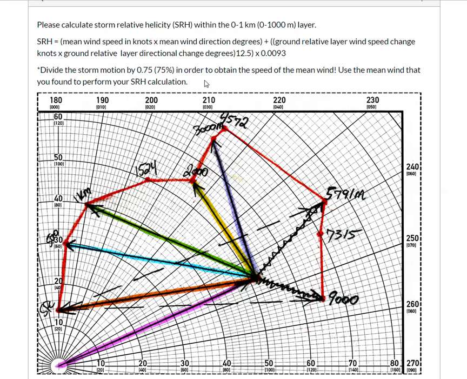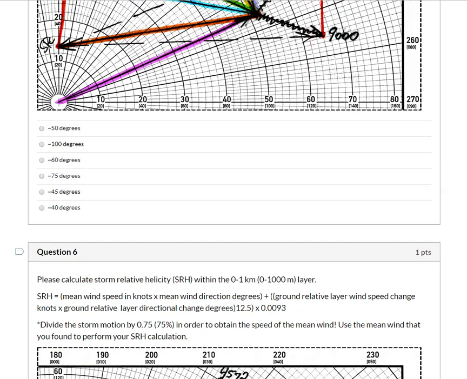Once you find the mean wind, you're going to want to multiply the mean wind speed in knots by the mean wind direction in degrees. Okay? So remember your degrees, matter of fact, I'll just go ahead and give that to you. Your mean wind's direction, you know what, I better not because it was one of the questions up here.